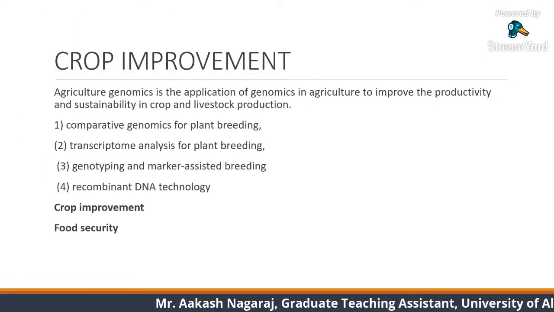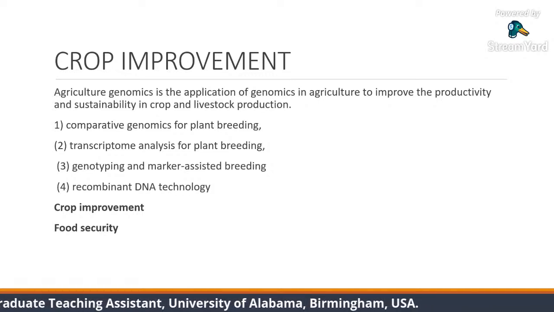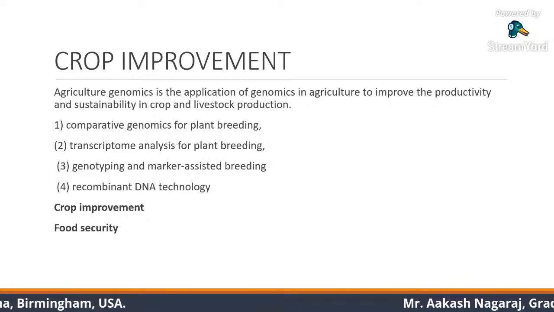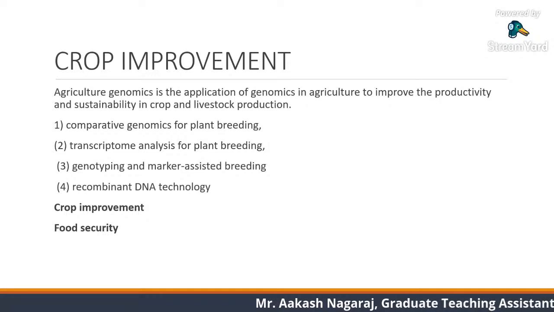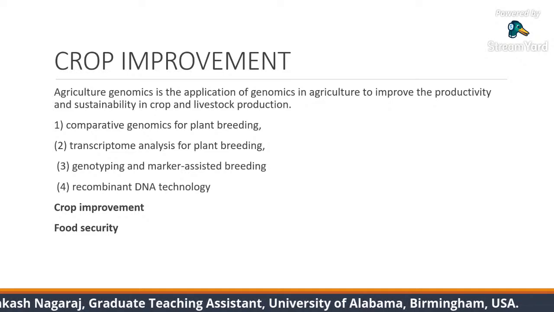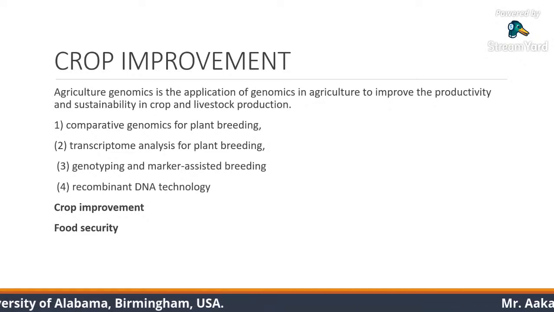And the next application which I'm going to be talking about is in crop improvement. So this is also a very big field in agricultural genomics, to get the sequence of our crops which are used in agriculture, many different crops.